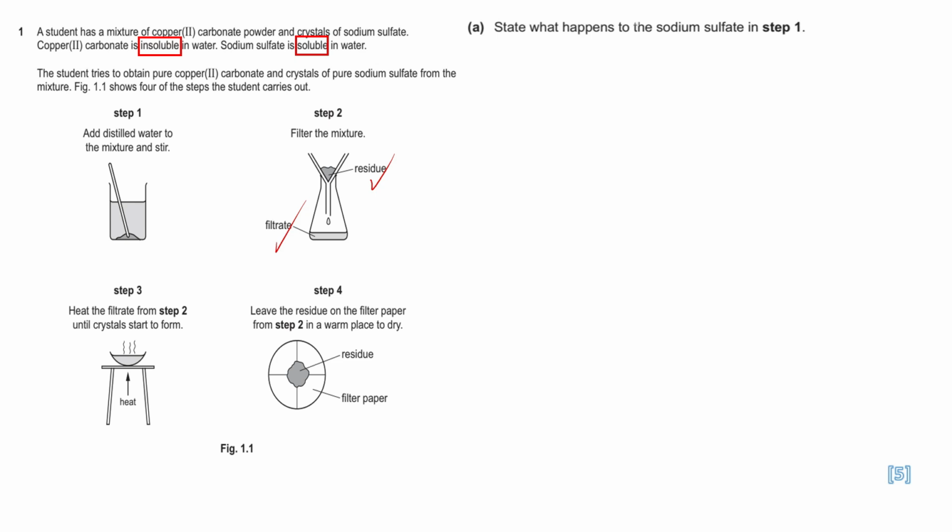Letter A. State what happens to the sodium sulfate in step 1. Sodium sulfate, as indicated in the question, is soluble, so it dissolves in water. Letter B. State what is removed from the filtrate in step 3.